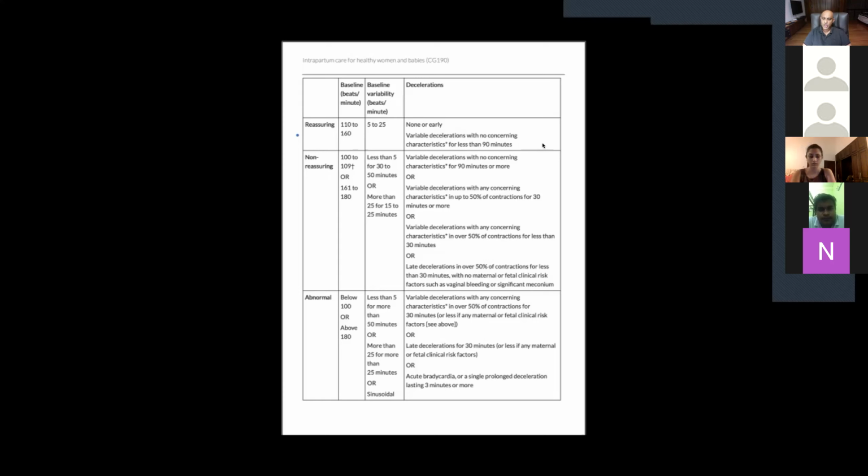That is called non-reassuring. Right? Now, from non-reassuring, let's go directly to abnormal. So if there are variable decelerations in more than 50% of the contractions that occur, even for 5-10 minutes, that is an abnormal feature.